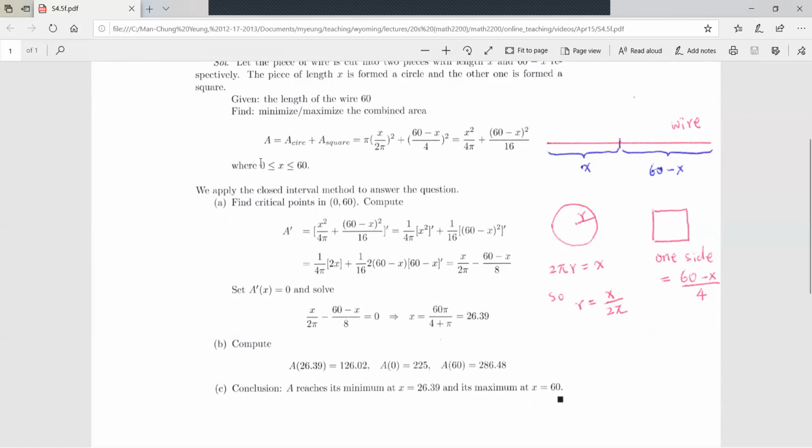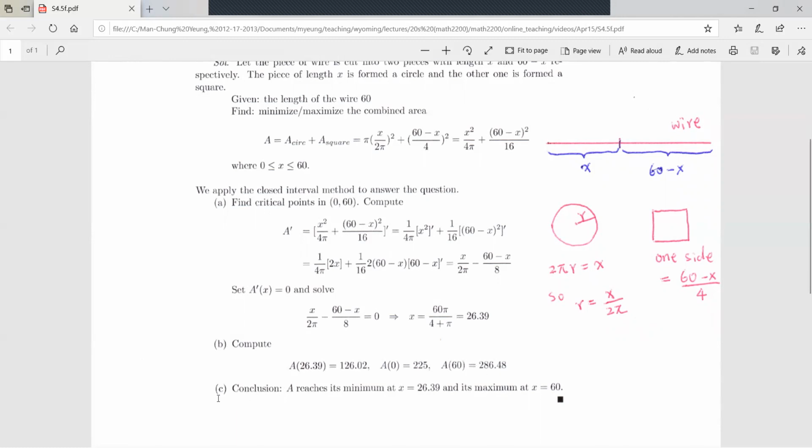And also compute the function value at the left endpoint 0. Plug in 0 for x, then I get the function value is this number. The function value at the right endpoint is this number.